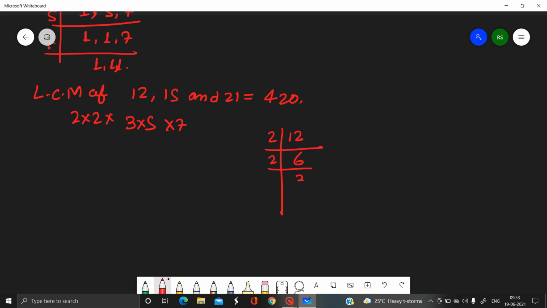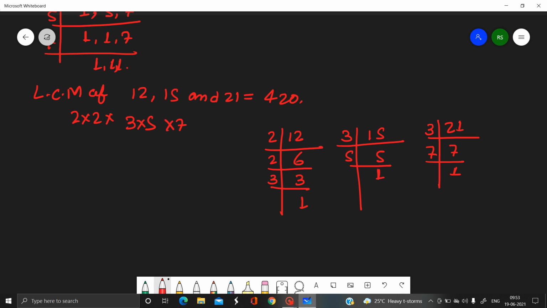Again I go with 2, I will get here 3. Again I go with 3, will get here 1. Now the prime factorization of the next number, which is 15. So I will go with 3, will get here 5, and go with 5, will get here 1. The next number is 21. 21 is divisible by 3, will get here 7, and 7 is divisible by 7, will get here 1.